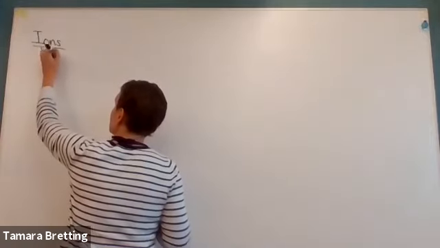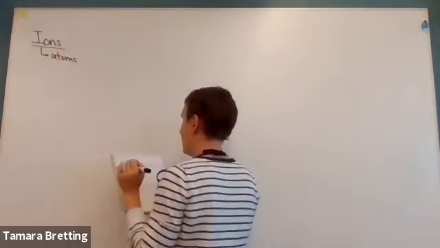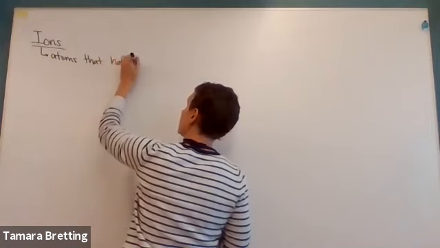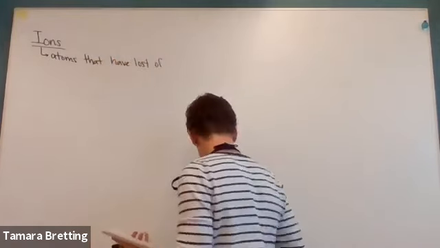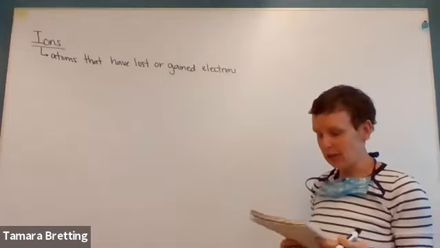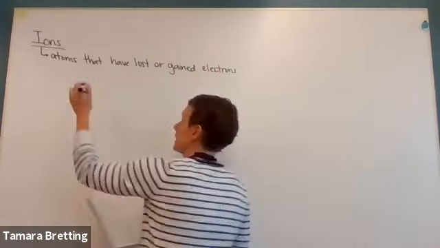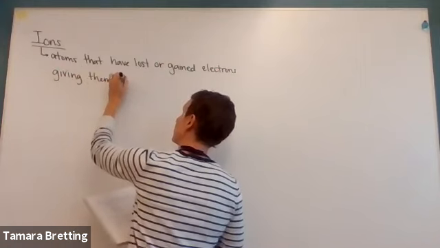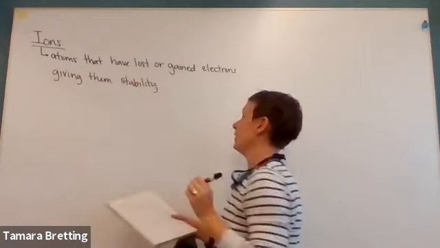So, ions are atoms that have lost or gained electrons, giving them stability and a charge, either positive or negative.